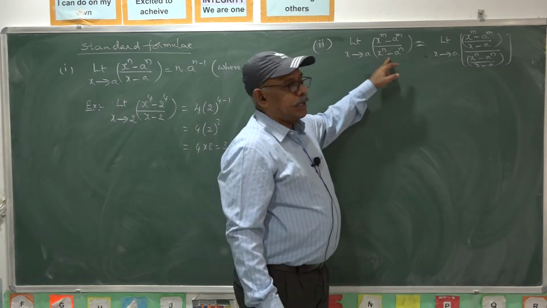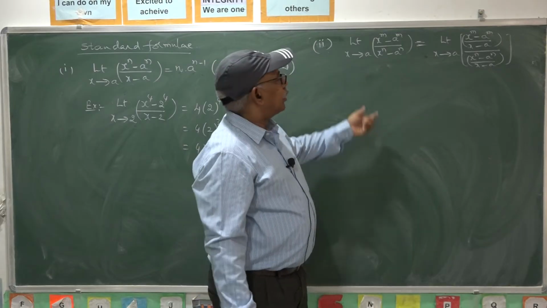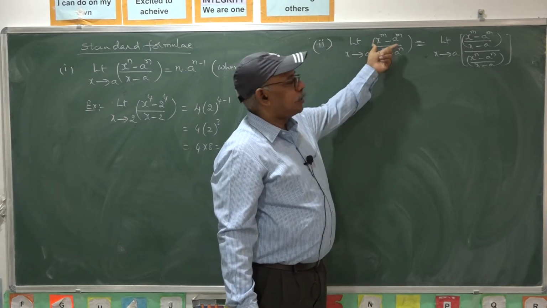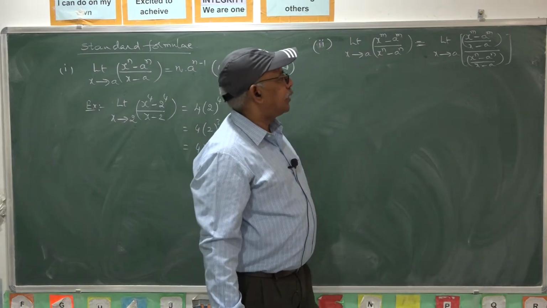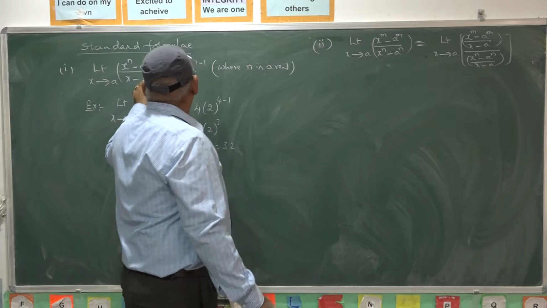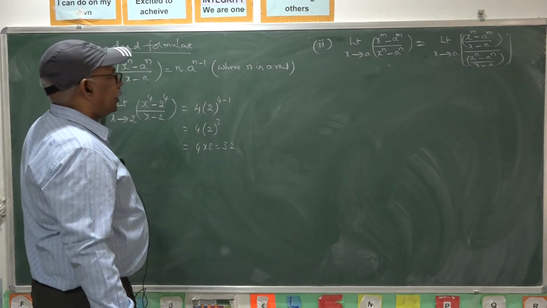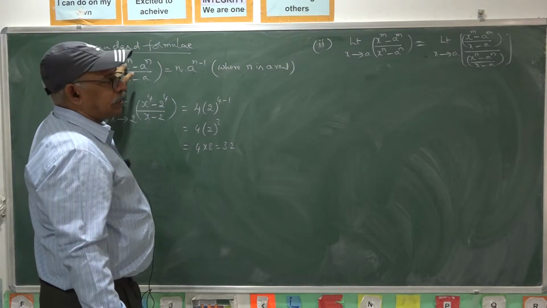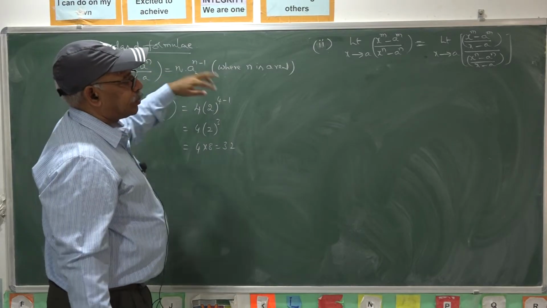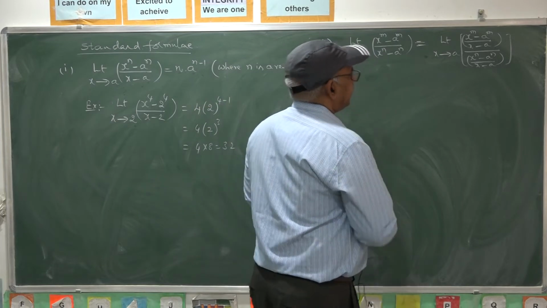Dividing the numerator and denominator by x minus a, there is no change in the function. So, the numerator becomes the formula limit as x goes to a, (x^n minus a^n) by (x minus a), and the denominator also comes to the same formula.